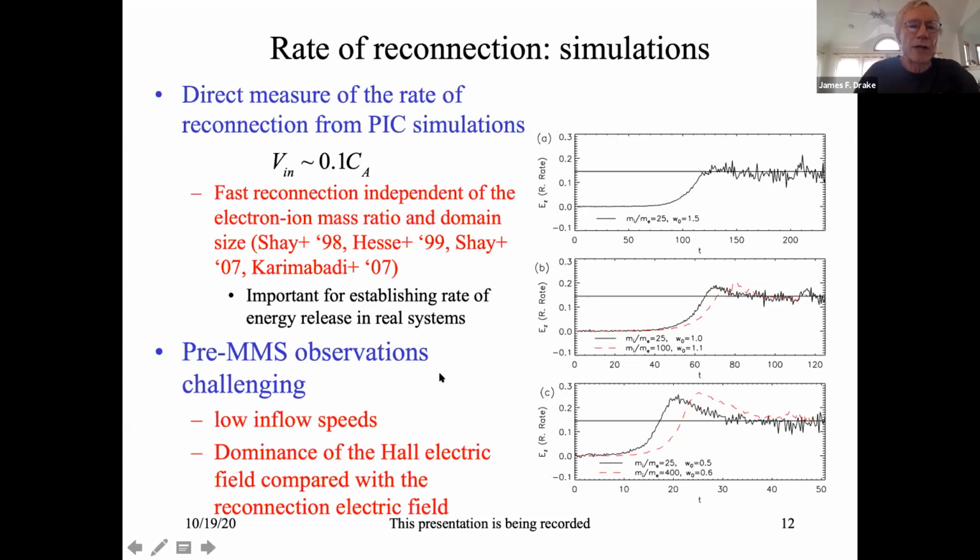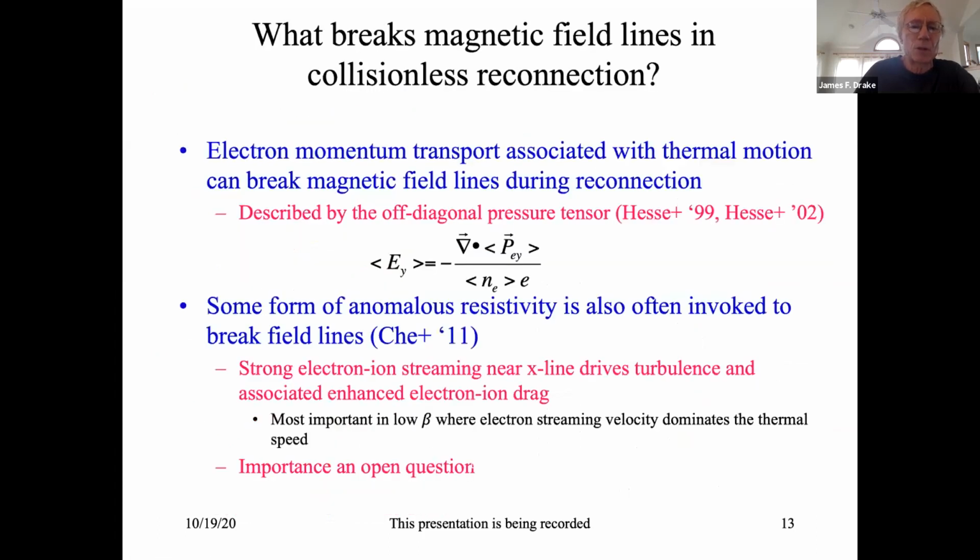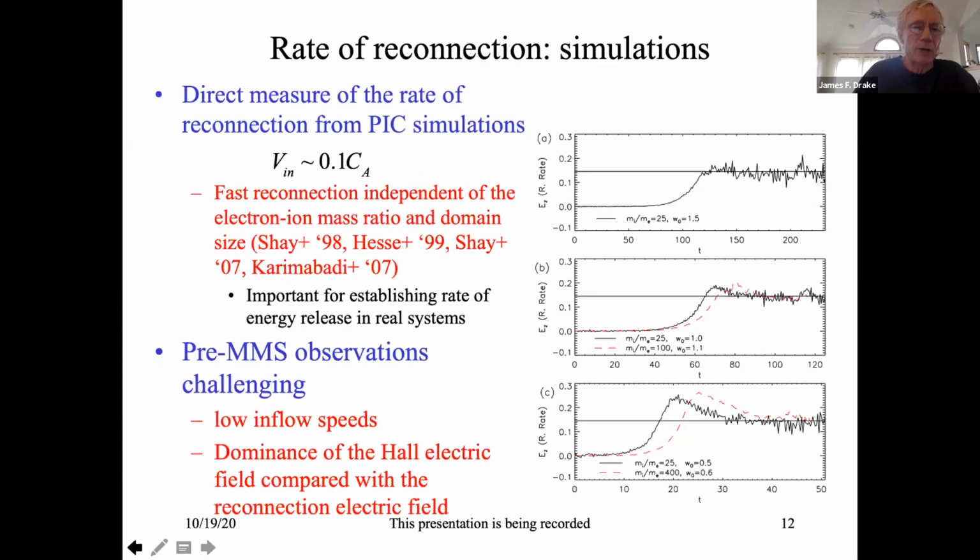Now, trying to measure the reconnection rate pre-MMS was a real challenge because the inflow speeds, which are a fraction of the Alfvén speed, are very hard to measure because they're below the ion thermal speed.